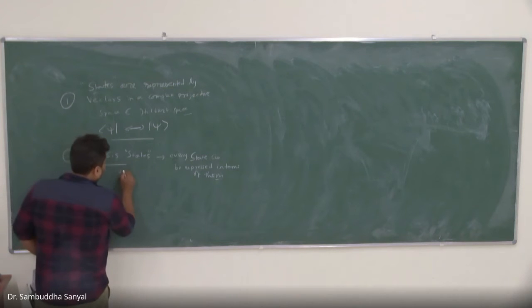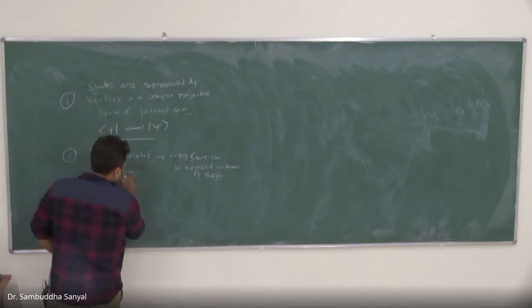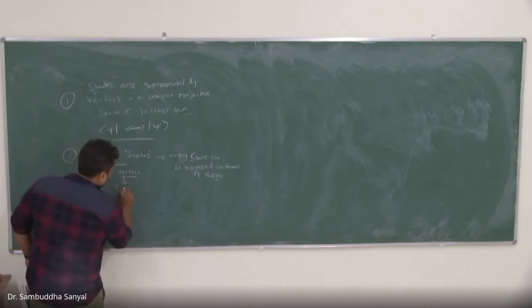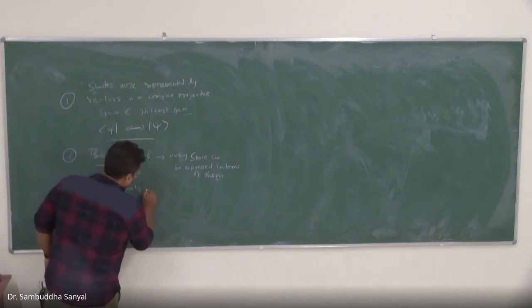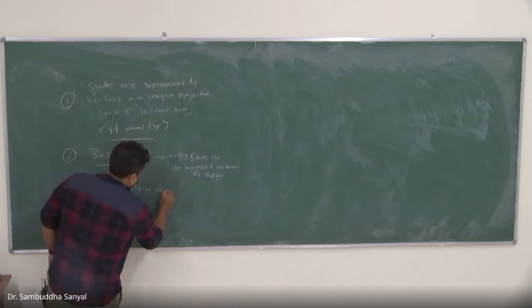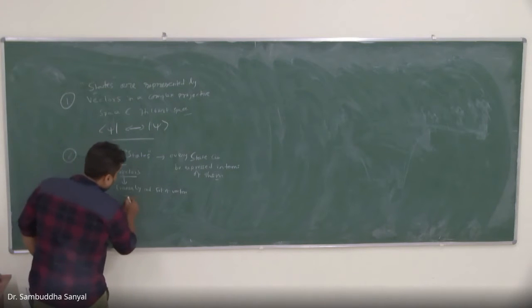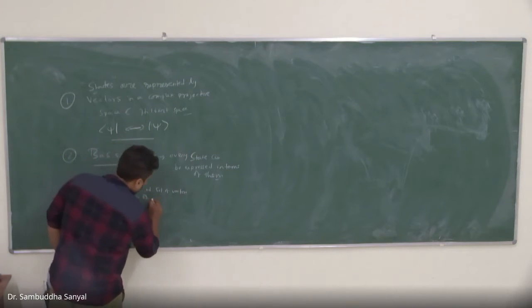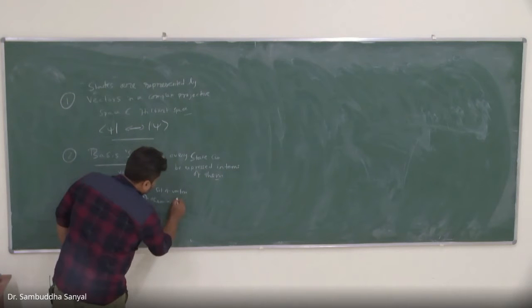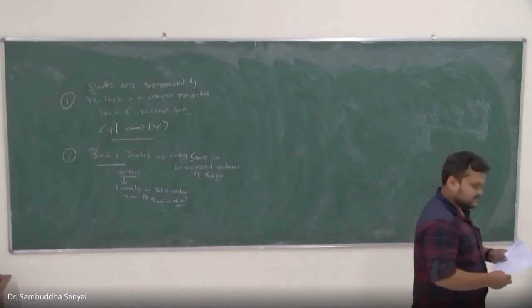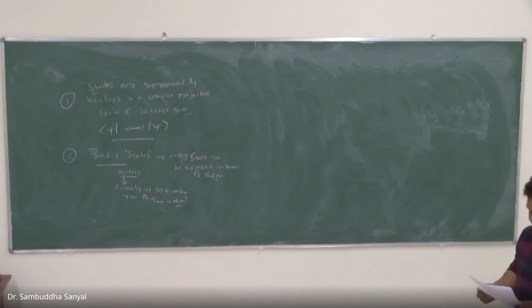So these basis states are basis vectors, a linearly independent set of vectors in a given space, and the number of them gives the dimension of that Hilbert space. This is what we learned. I think everybody is totally in sync with this part.